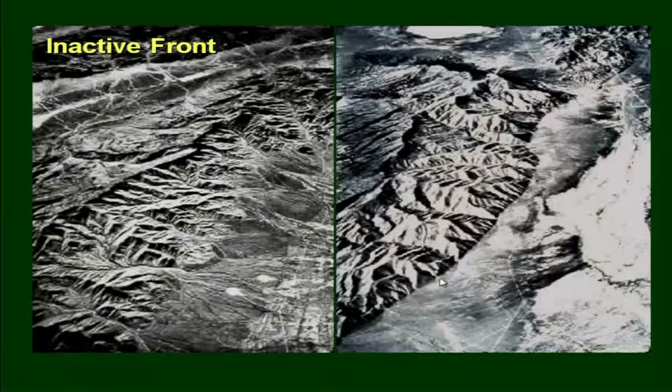A sharp geomorphic boundary or contact between the hills and the plain areas is indicative of active fronts. So this is an active region in terms of tectonic deformation, whereas this one is inactive, in sort of subdued activity.